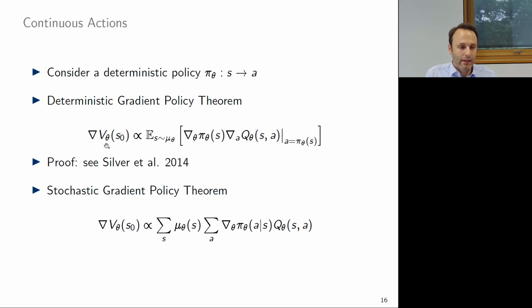The difference basically is that here we have the expectation and a direct mapping from states to action via the policy, and we don't have a distribution. So this is deterministic, and this is probabilistic. Also, we need to take the gradient with respect to all the actions, which we don't have to do here. With these differences, if you want to see the details, check out this paper.